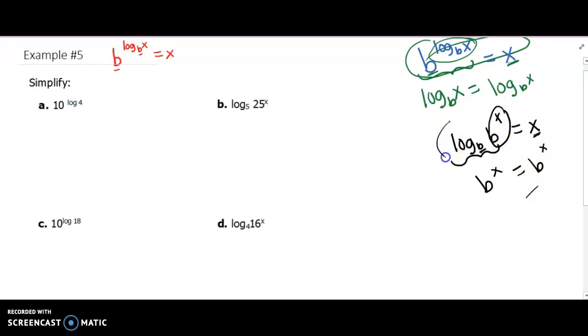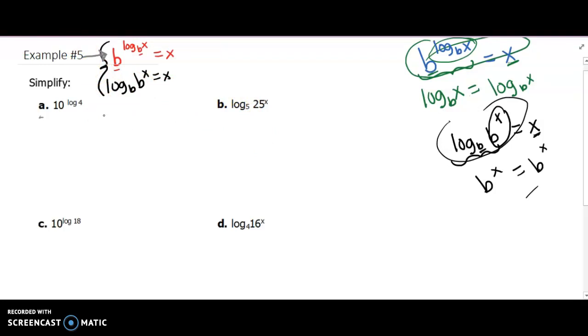Yes, these are equal. Therefore, this holds true as well. So the other one is going to be log base b of b to the x is equal to x. Okay, now we're going to use these two properties to solve these problems here.